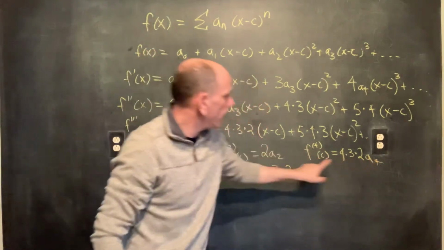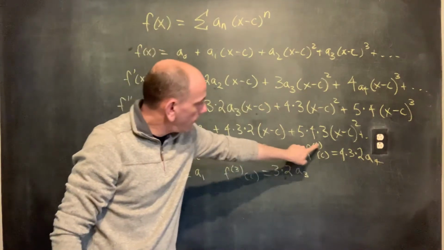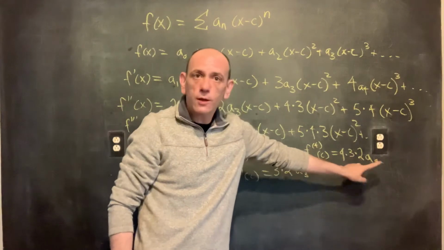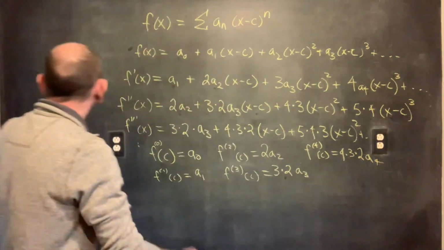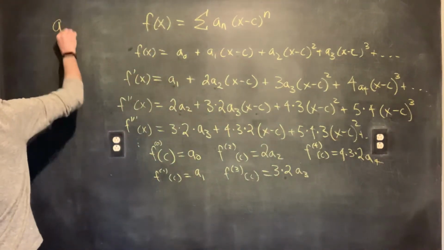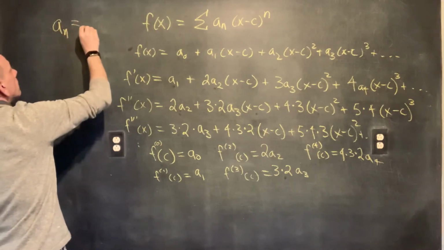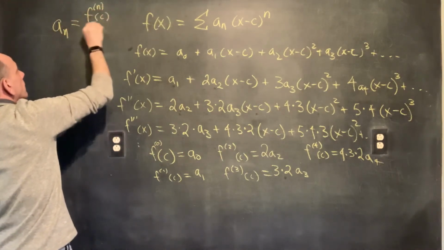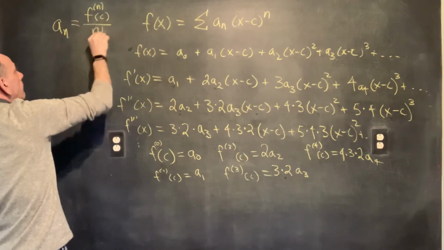The fourth coefficient is the fourth derivative evaluated at c divided by 4 times 3 times 2 times 1, which is 4 factorial. So we have a sub n is the nth derivative evaluated at the center divided by n factorial.